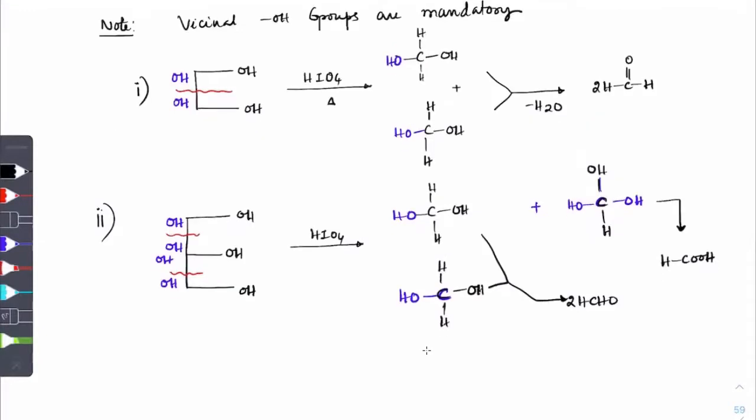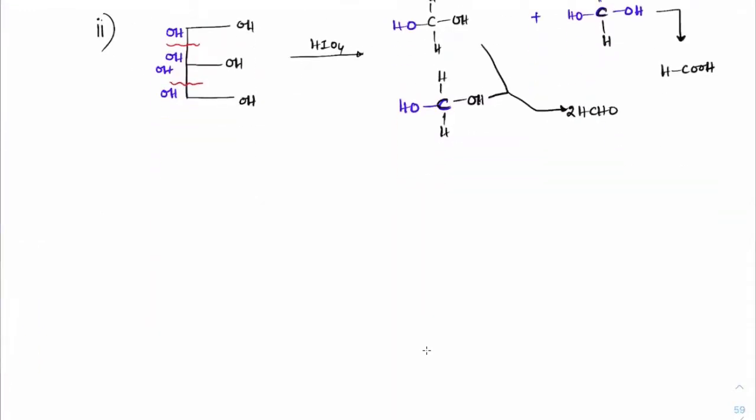See the application part now. Why are we studying this here? Because it is in this chapter, alkenes. Suppose you have a cyclooctene like this, and I treat this with NaIO4 in the presence of KMnO4 and H2O, at normal temperature.